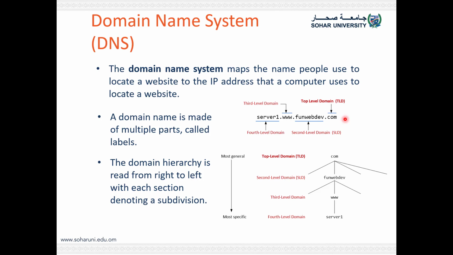Then we have the second level domain, which is the name of the domain. Then we have the third level domain, where we always use www, and sometimes we have another subdivision called the fourth level domain. So we always read the domain name from right to left: top level, second level, third level, and fourth level domain.